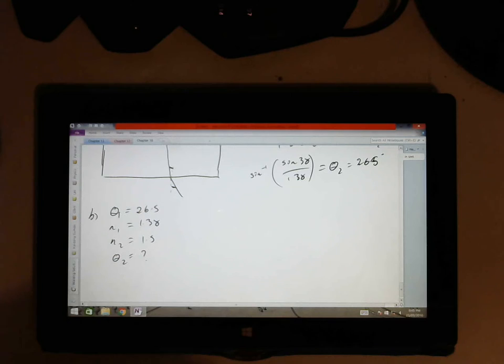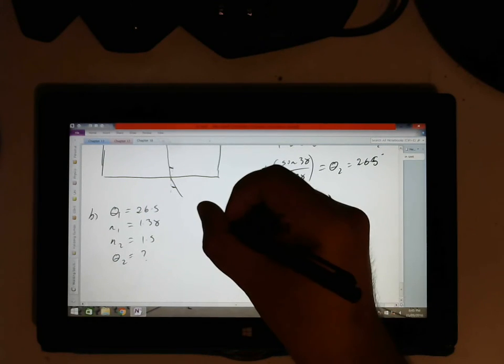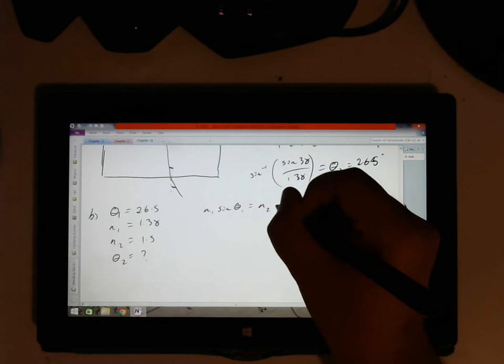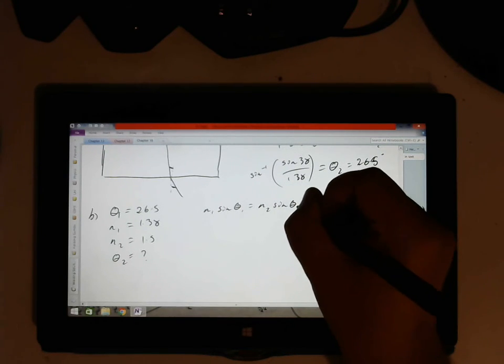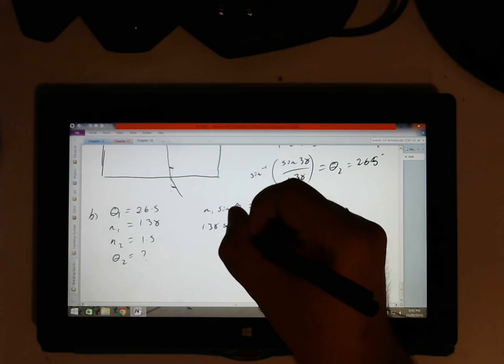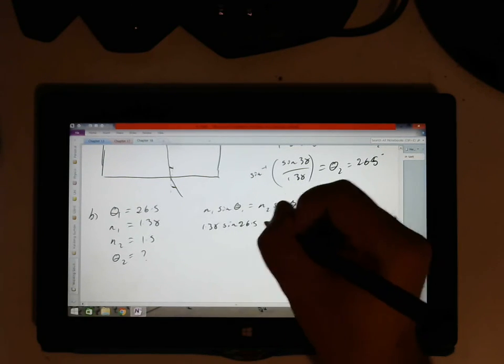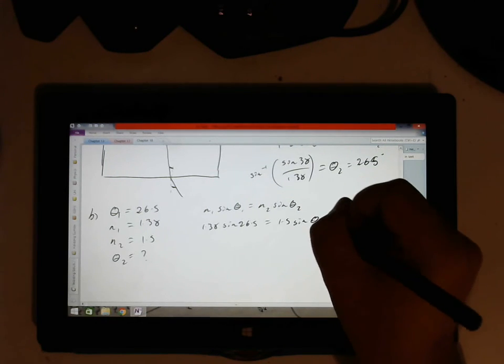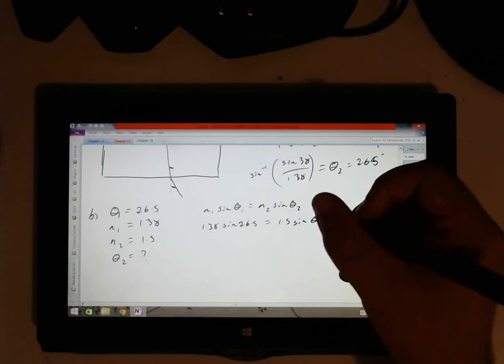Let's do the same thing. n1 sine theta 1 equals n2 sine theta 2. 1.38 sine of 26.5 equals n2, 1.5, sine of whatever our other angle is. Let's rearrange it.